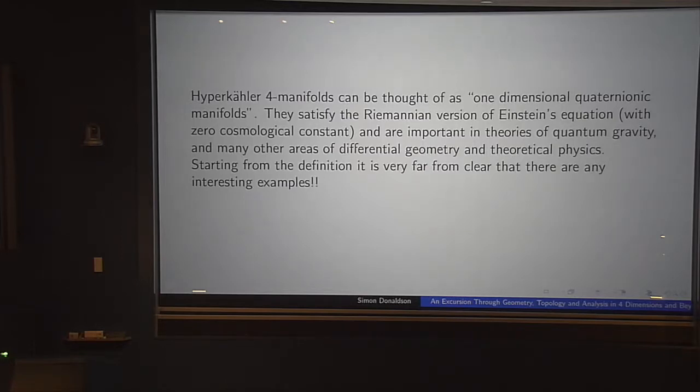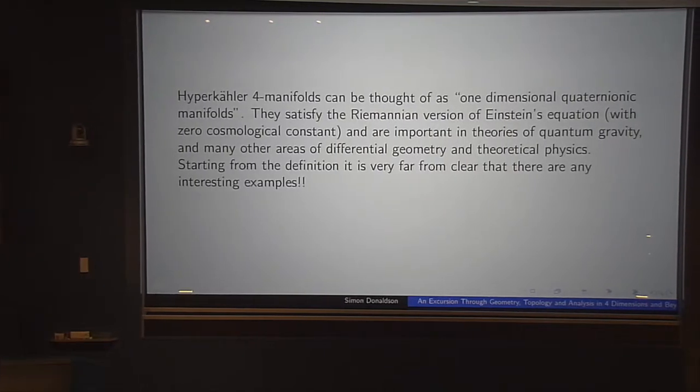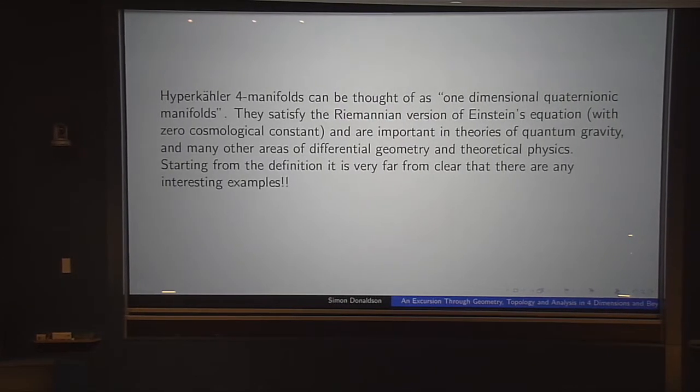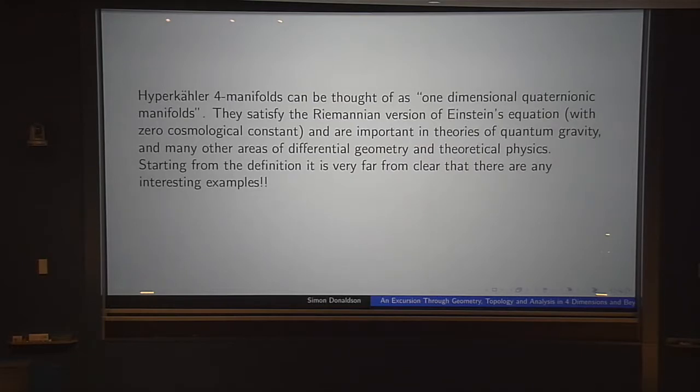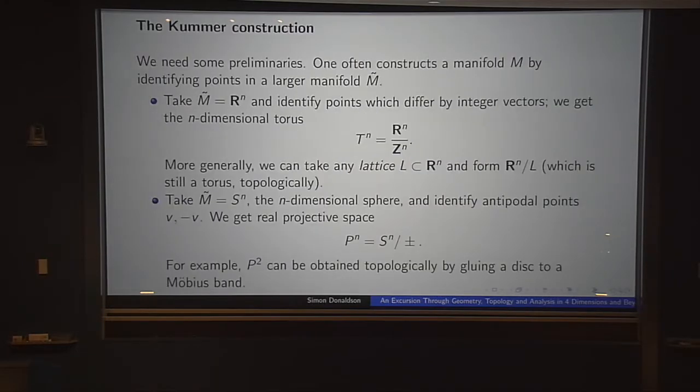So believe me that these are very beautiful and important things to consider. The only thing is, starting from the definition, how do we produce any examples? In particular, we like examples of what are called closed or compact manifolds.